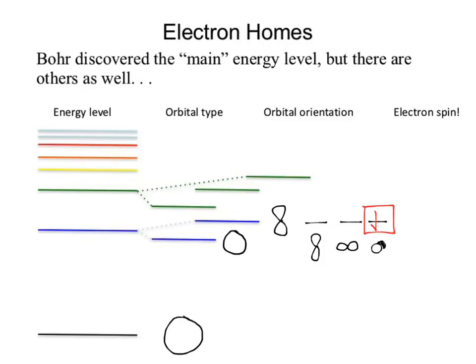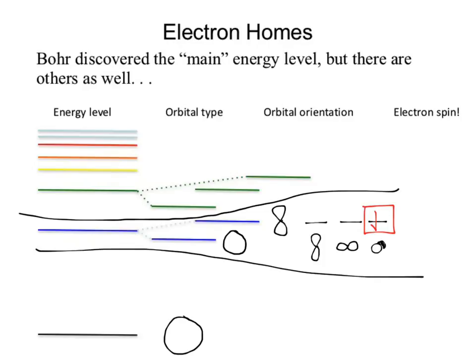It is going into the second energy level based off of our drawing. Again, look at where this kind of splits out. So it is our second energy level. What was the orbital type? Dumbbell. So it's the 2 dumbbell.